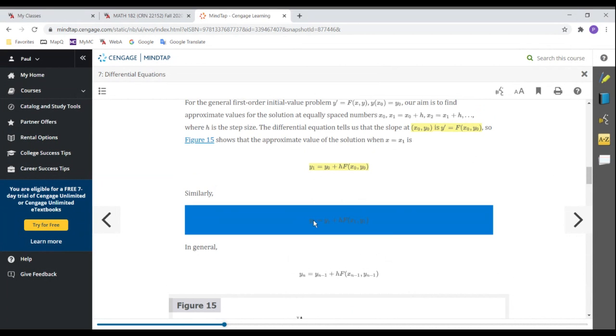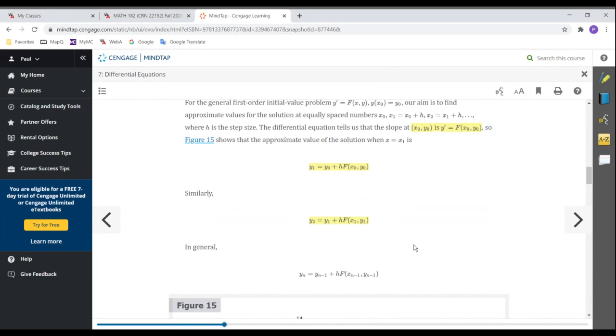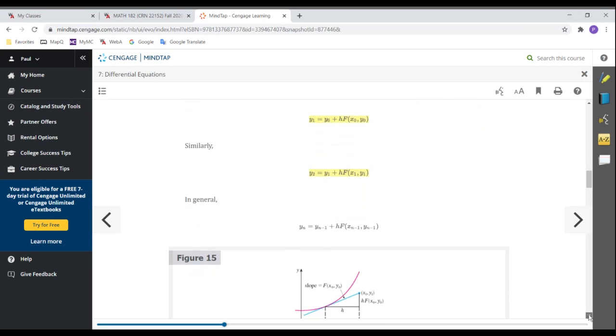Okay, and then the second Euler method approximation y sub 2 will be dependent on the previous values. It'll equal y1, which you got previously, plus h times the derivative evaluated at x1, y1. And we can keep going and going and going.